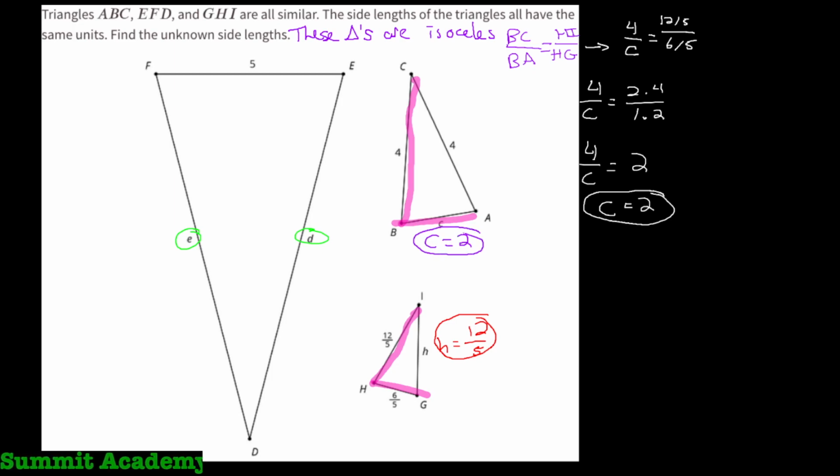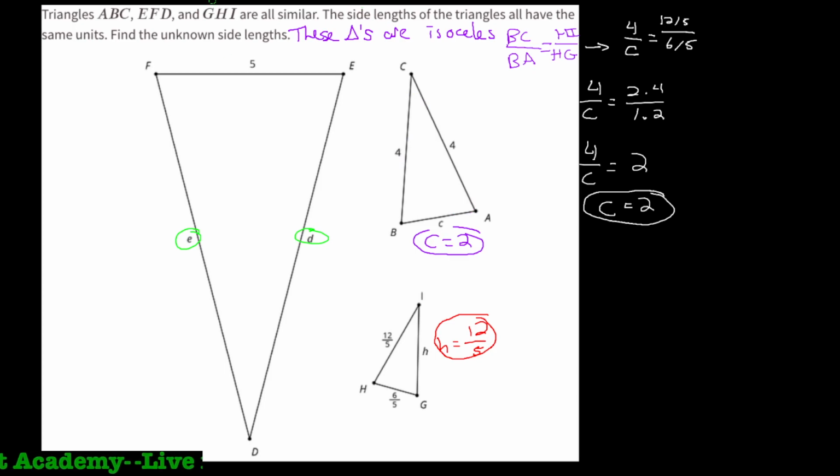All right. Last part is to find E and D. I know that they're going to be the same number, so I'll need to solve for one side. So let me erase some of this part. I'm going to use that same strategy. I'm going to find a ratio that works out. So I'm going to write it down first.